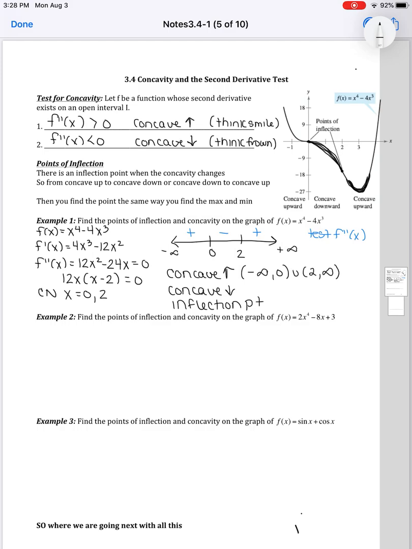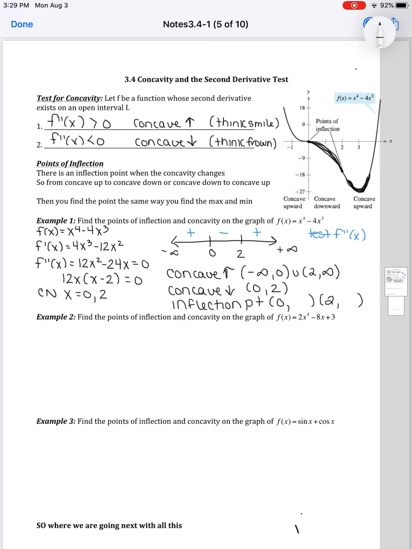All right, so concave up is like increasing. Where are there plus signs? Well, that's negative infinity to 0, union with 2 to infinity. Concave down is like decreasing where there are minus signs, so 0 to 2. And an inflection point is where there is a change in concavity or a sign change.